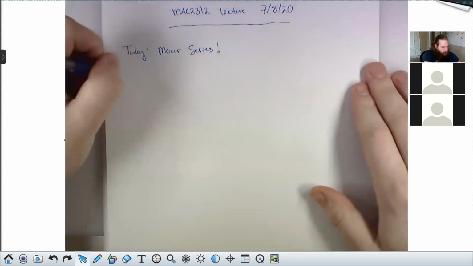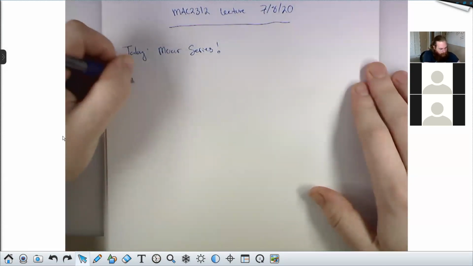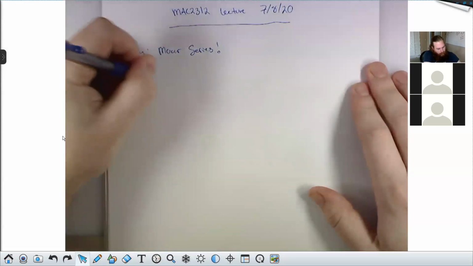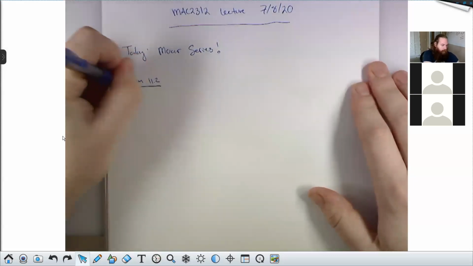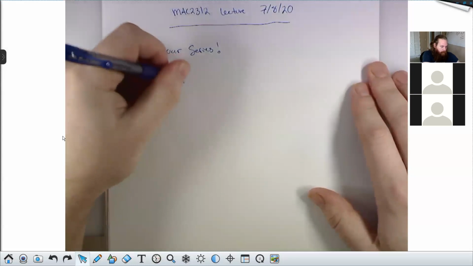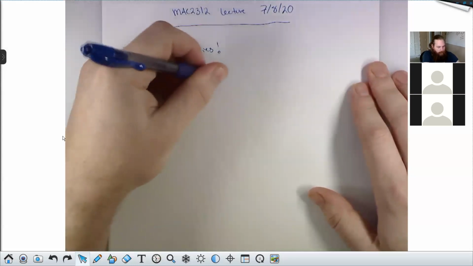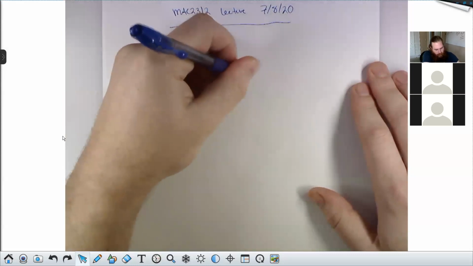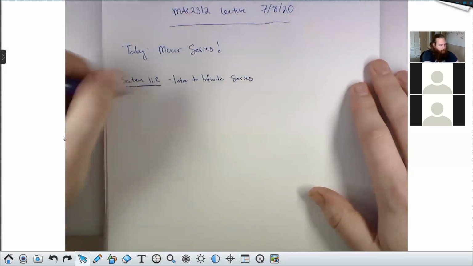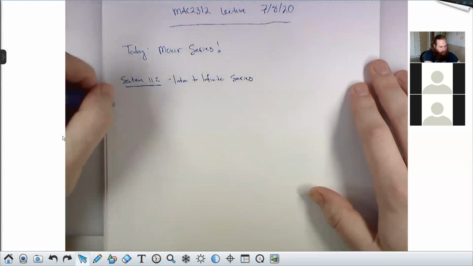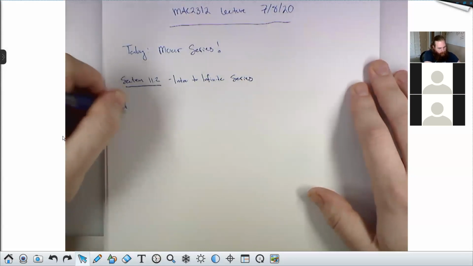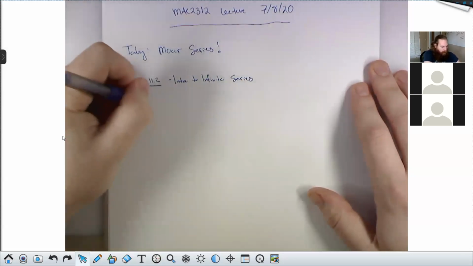Specifically today, I want to remind you, we're in section 11.2, which is intro to series. The summation notation we talked about last time. So I'll just remind you the definition.